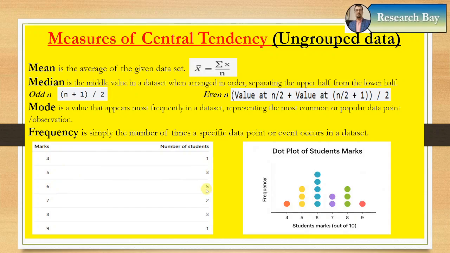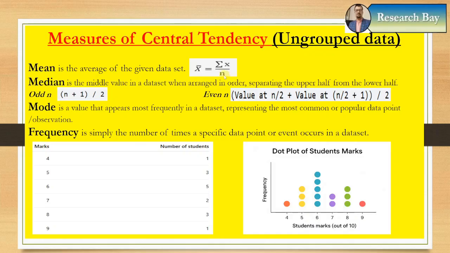So in this case, what will I do? 4 into 1, plus 5 into 3, plus 6 into 5, plus 7 into 2, plus 8 into 3, plus 9 into 1, divided by number of students. This is small n.